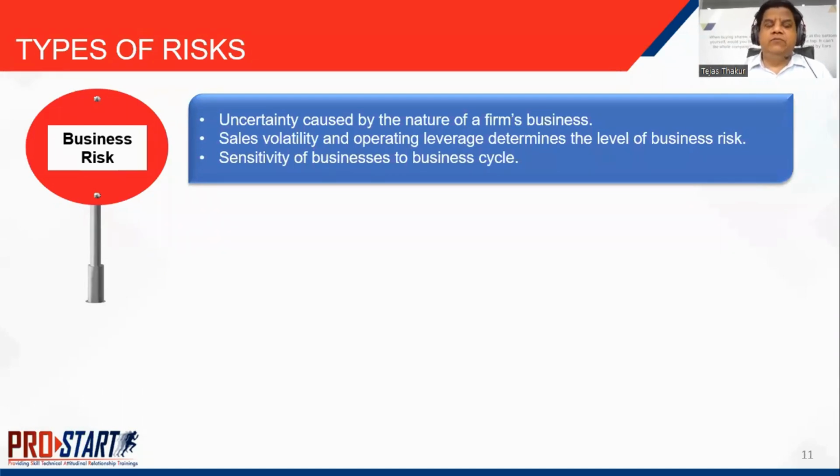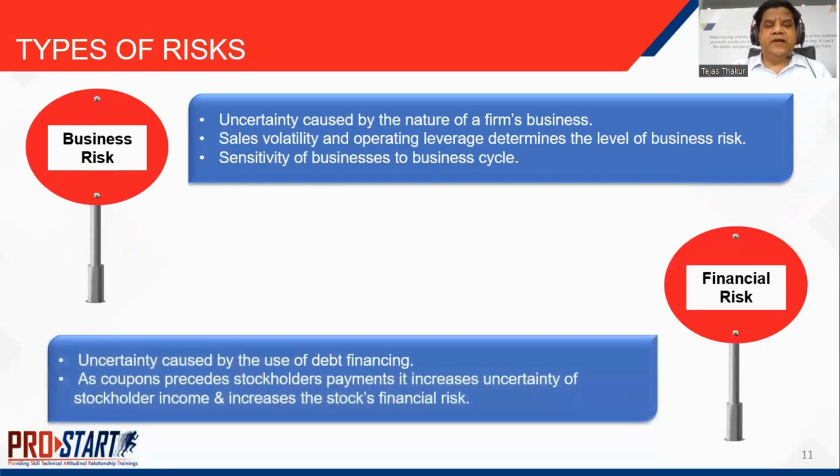Sensitivity of businesses to business cycle. So sometimes some businesses are cyclical in nature, that is, are sensitive to business cycles. So that also adds a certain amount of business risk. So by the nature of business, volatility, operating leverages, and business cycle, whatever risk comes in is known as your business risk.